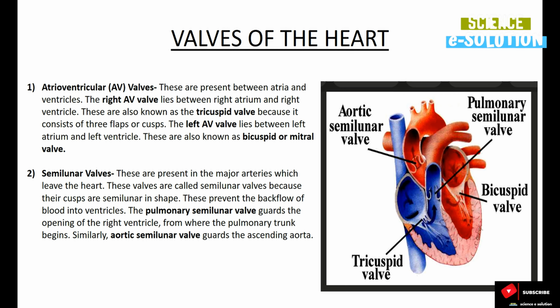The pulmonary semilunar valve guards the opening of the right ventricle from where the pulmonary trunk begins. You can see that in the picture. It's very clear that the aortic semilunar valve guards the ascending aorta. So these are the four types of valves present in the human heart.